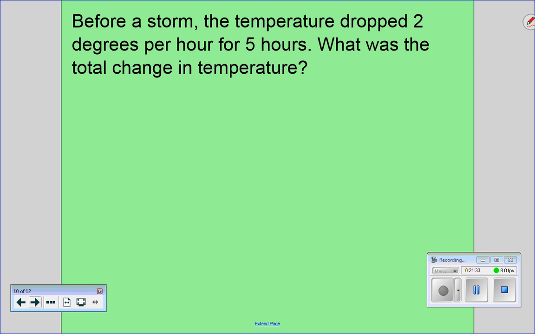What was the total change in temperature? If you want to write it out, you can write it out. If not, it's up to you. It depends what you want in your notebook. Before a storm, the temperature dropped 2 degrees per hour for 5 hours. What was the total change in temperature? So looking up here, you want me to wait to do it until you guys are done writing? Okay, I'll wait until you're done.